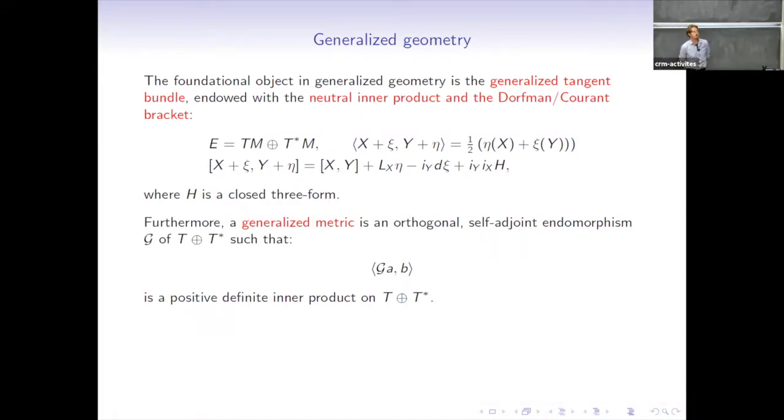So a generalized metric, G, is an orthogonal operator such that when you lower the index, that higher inner product, you get a positive definite form.